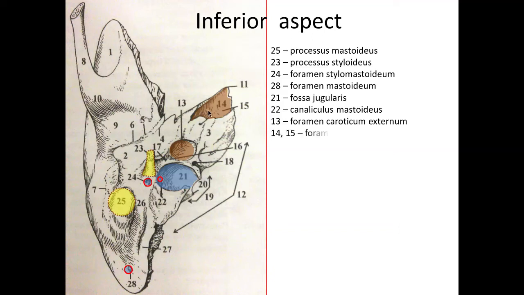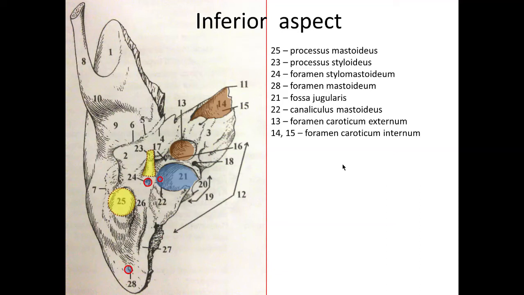Number 14 is foramen caroticum internum. You remember that there are some very important canalis in temporal bone.